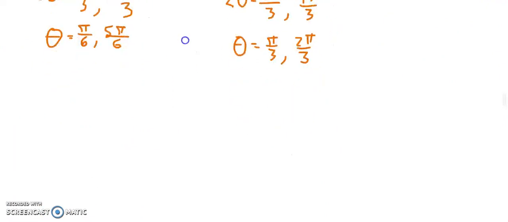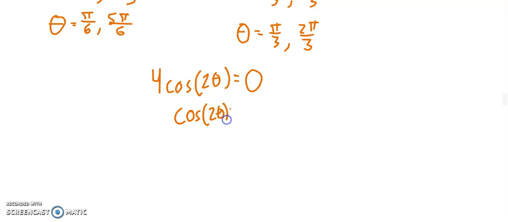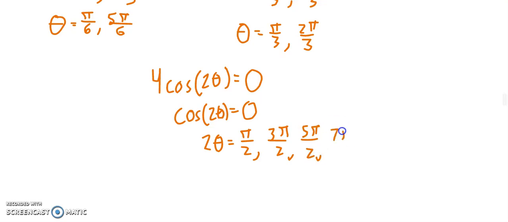I can figure out when 4 cosine of 2 theta comes out to a radius value of 0. Well, that's going to be when cosine of 2 theta is 0, which means 2 theta is going to look like pi over 2, or 3 pi over 2, or 5 pi over 2, or 7 pi over 2, or 9 pi over 2, or 11 pi over 2. I bet you're wondering if I'll ever stop.